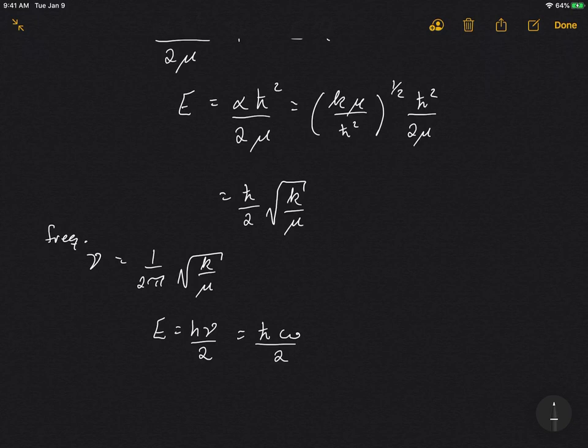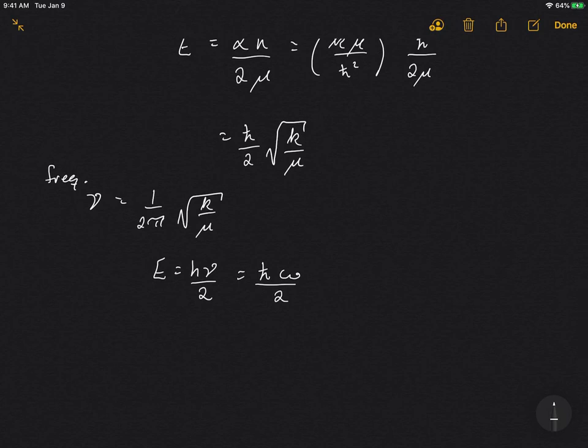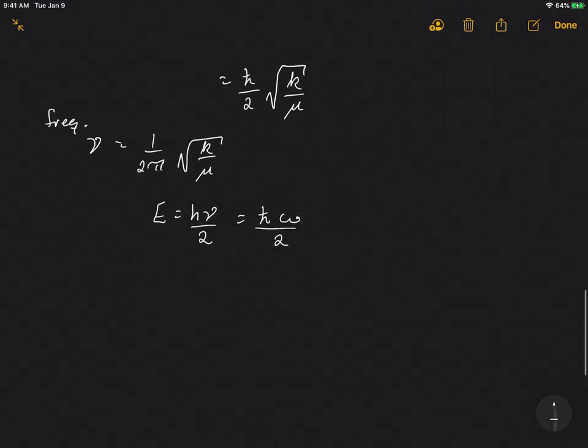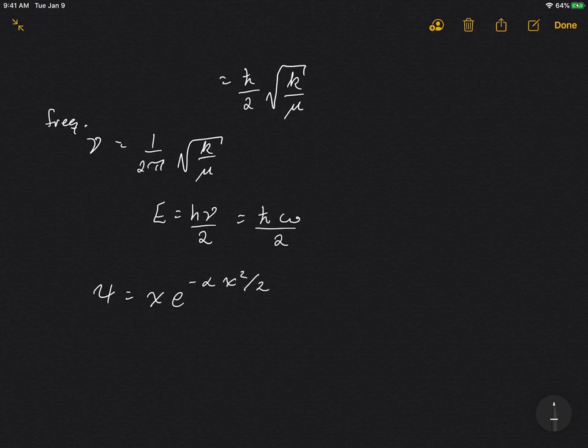Now, have we solved the Schrodinger equation? We have one solution. There are other solutions to the Schrodinger equation. In fact, there are other harmonic oscillator states. It turns out we can try another one: psi equals x e to the minus alpha x squared over 2.